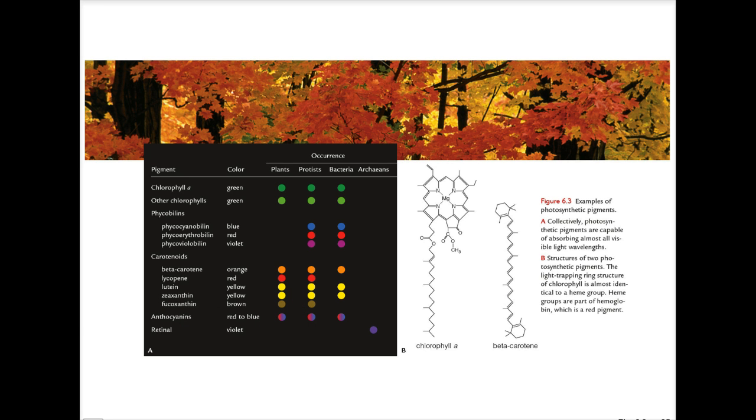These other pigmented molecules belong to a class of molecules called carotenoids. They assist the chlorophyll molecules in taking the energy from sunlight, exciting electrons, and then passing those electrons through a series of enzymatic reactions to produce ATP and NADPH.